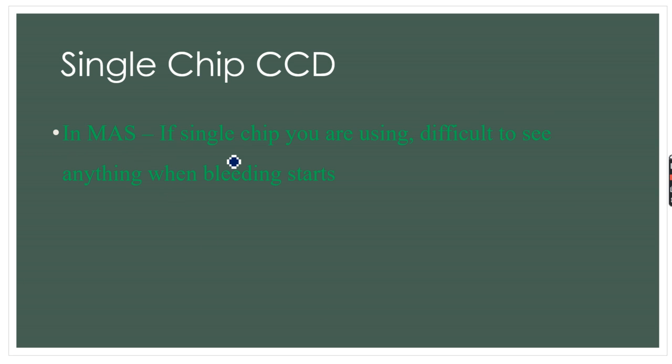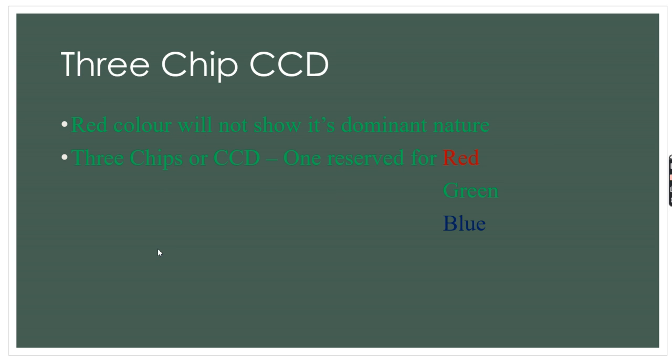As you can see, in minimal access surgery, if we use a single chip, it is very difficult to see anything when bleeding starts. In the single chip, the red color shows its dominant nature, whereas in the 3-chip the red color will not show its dominant nature.